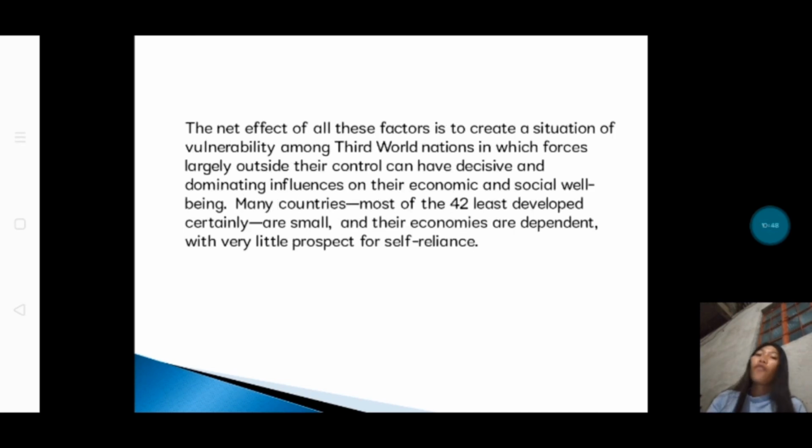The net effect of all these factors is to create a situation of vulnerability among the third world nations, in which forces largely outside their control can have decisive and dominating influences on their economic and social well-being. Many countries, most of the less developed, certainly are small and their economies are dependent, with very little prospects for self-reliance.